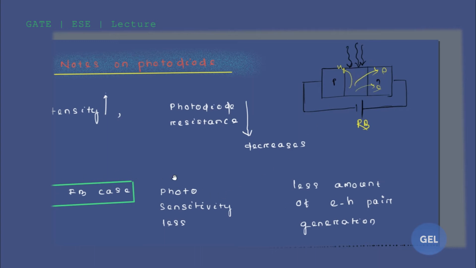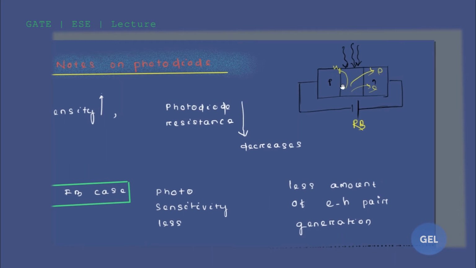But in forward bias, your depletion layer is very small. So there will be less generation of carriers. There will be improvement in current value, yes, but less improvement. So if an interviewer asks you this question, don't explain all these things.